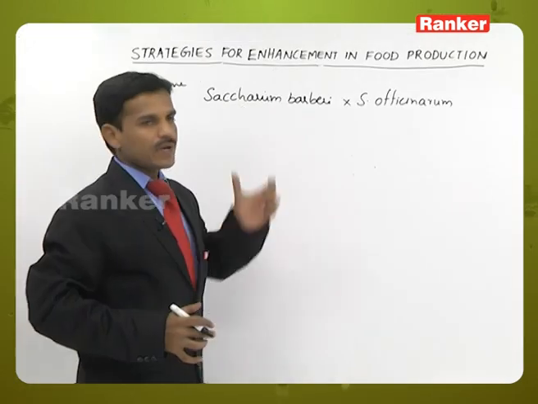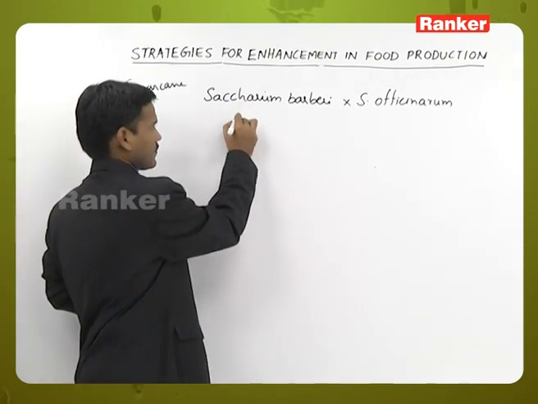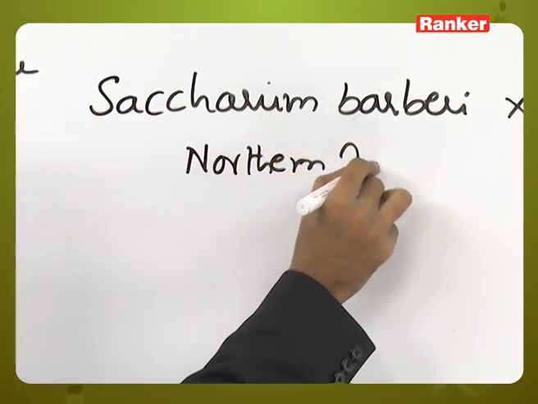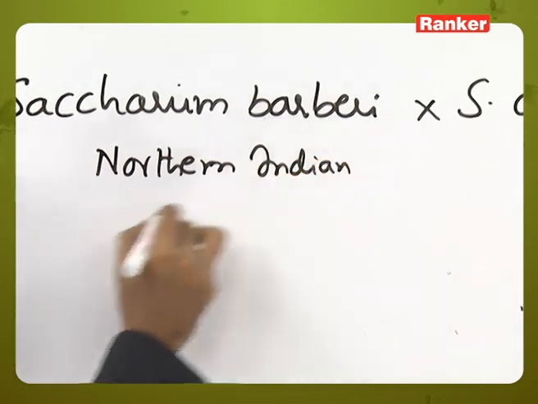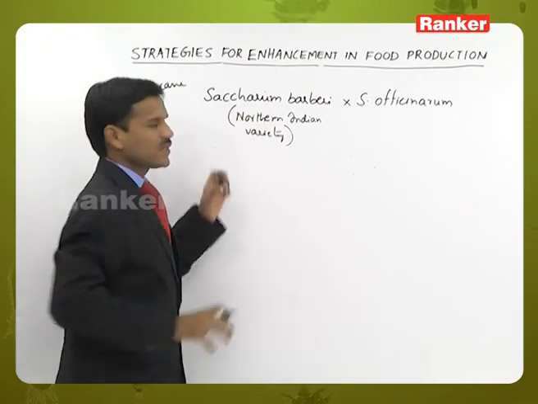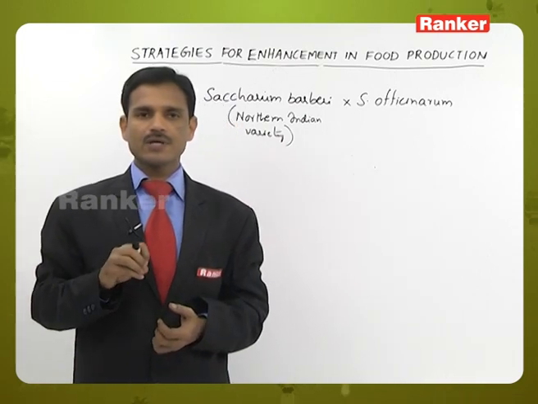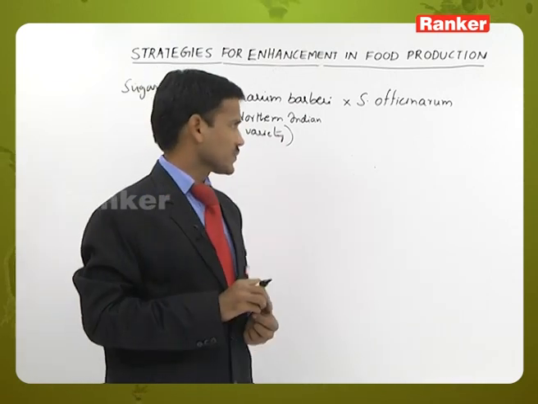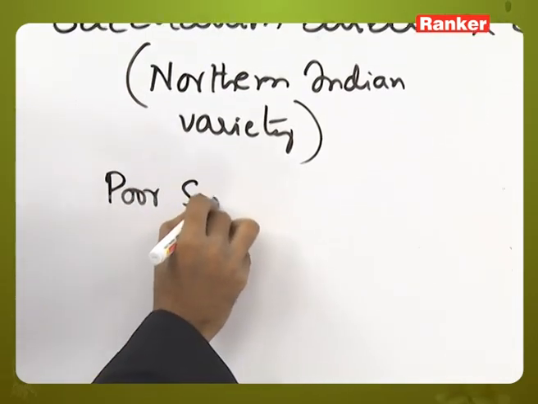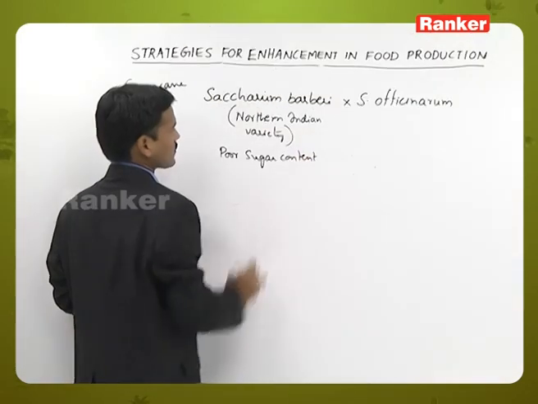Saccharum barberi is a northern Indian variety with poor sugar content, and its yield is low.